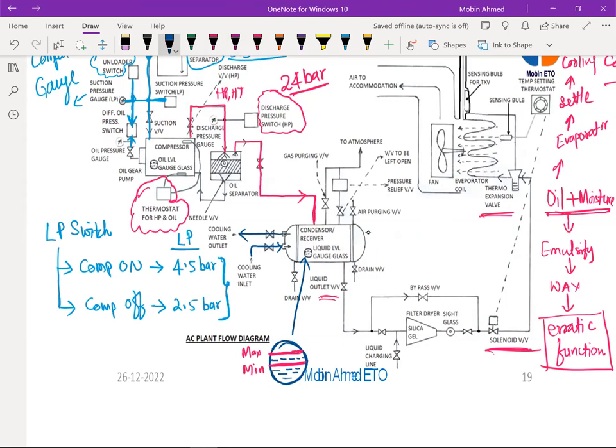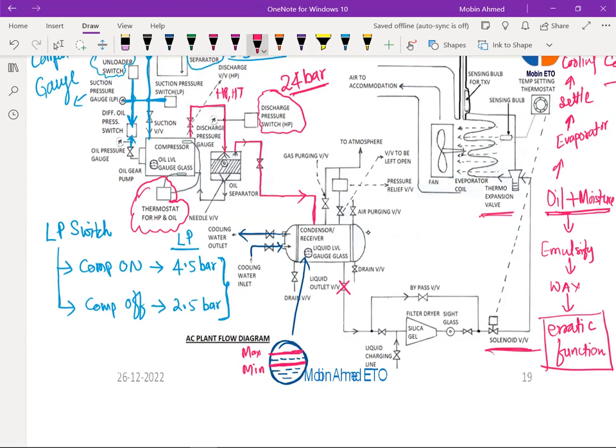When the compressor is not running, or when we have closed this liquid outlet valve and we collect the refrigerant, in that case it should not go more than the maximum level.